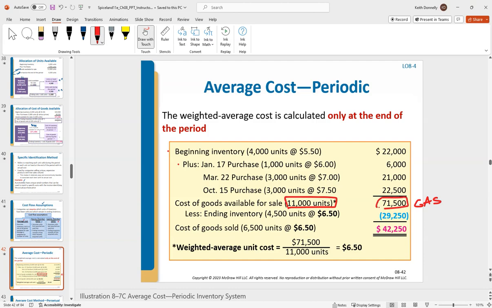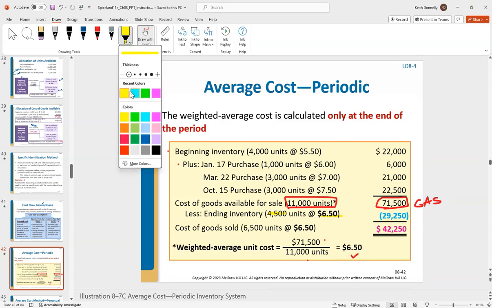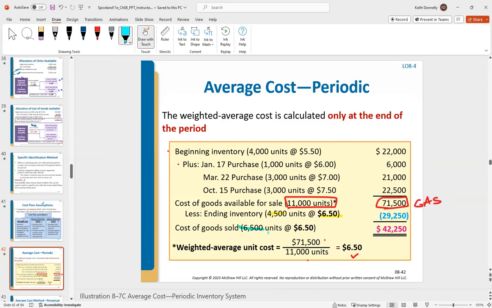That's what we pluck out here, the units and the dollars. We have 71,000 for 11,000 units. Hey, 650. We know that we kept 4,500. We'll multiply that by 650. We know that we sold 6,500. We'll multiply that times 650. Hey, that's how we're going to split the baby here.